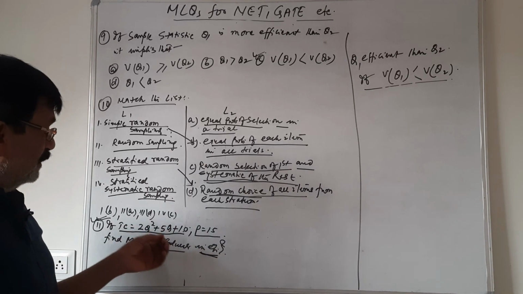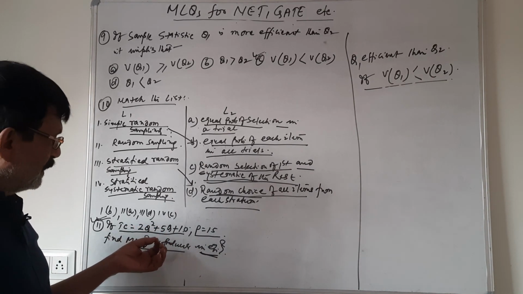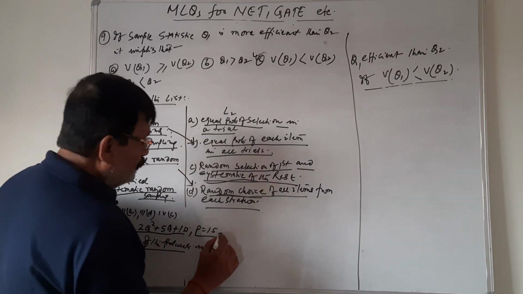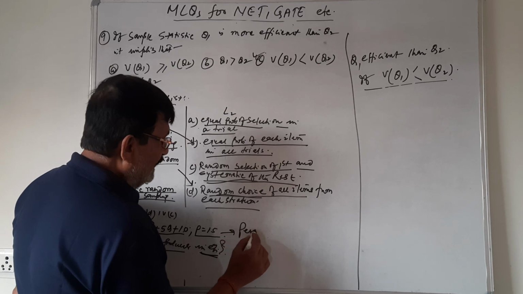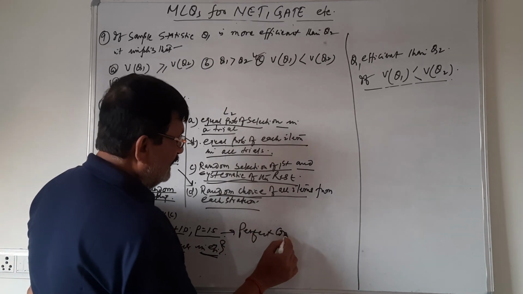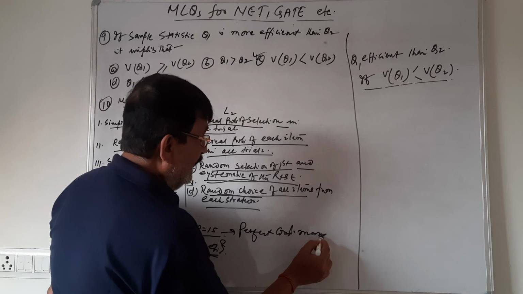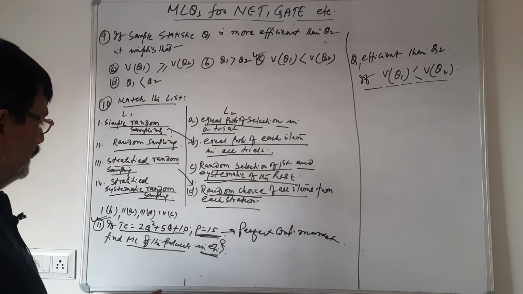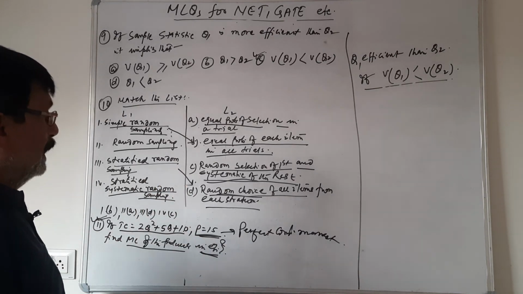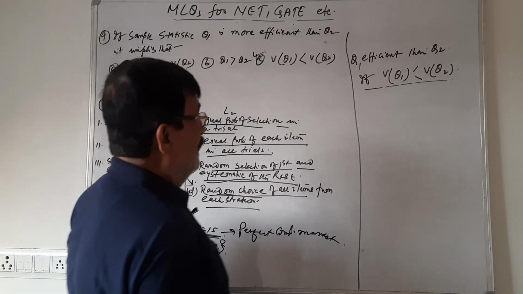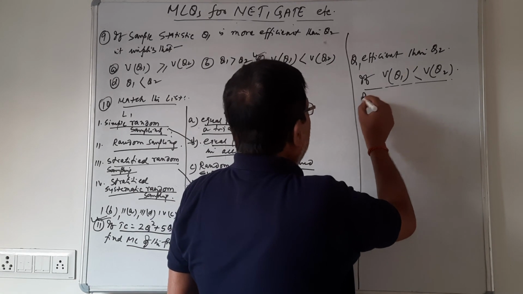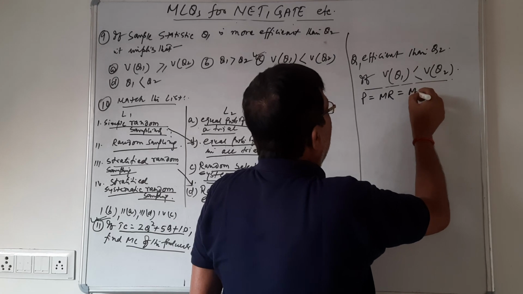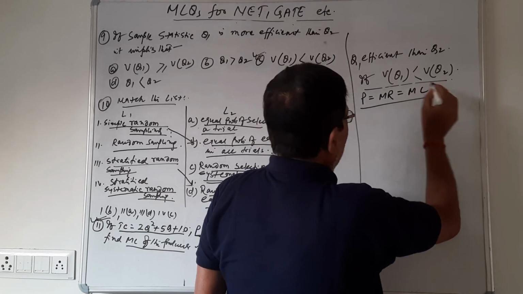Now, if you just monitor this question a little bit closely, then it appears that this sum relates to perfect competitive market, as because price is fixed for a firm. For a producer, price is fixed. And in a perfectly competitive market, we know that price equals marginal revenue, and it finally equals marginal cost.